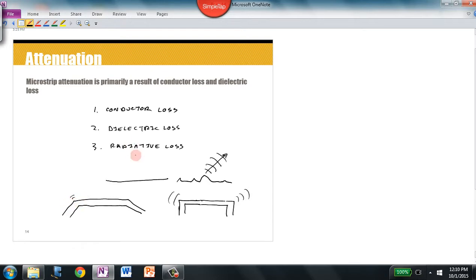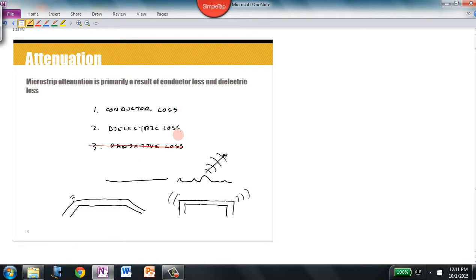So radiative loss, we can mitigate just by properly drawing the transmission line path and by choosing smooth surfaces. So we don't really care about radiative loss because we can mitigate its effects. Conductor loss and dielectric loss, on the other hand, we have to take into account.